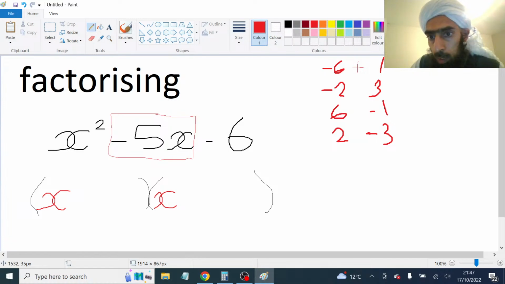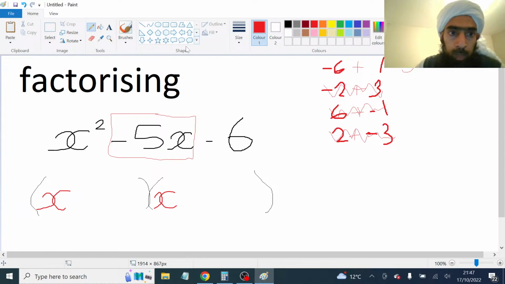If you're unsure, just type into a calculator. Minus 2 plus 3, that would be 1, so that wouldn't work. 6 plus minus 1, that would be 5, not minus 5. We're trying to get minus 5. 2 plus minus 3, that would be minus 1, again, not the number we're looking for.